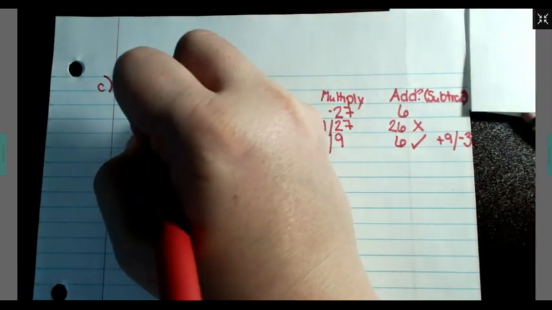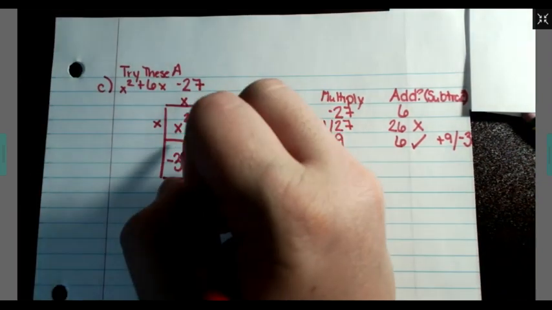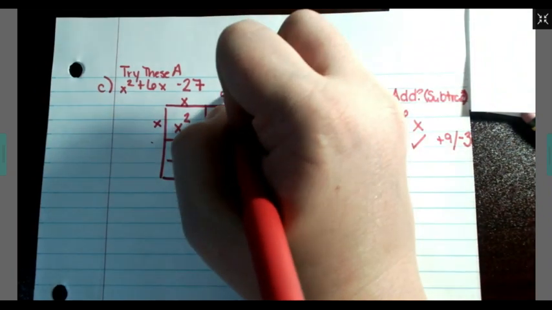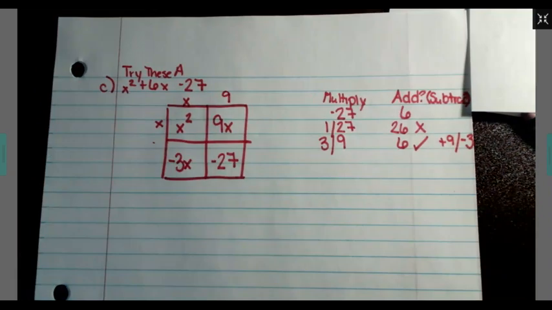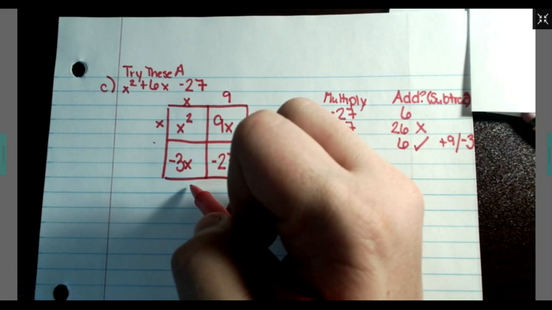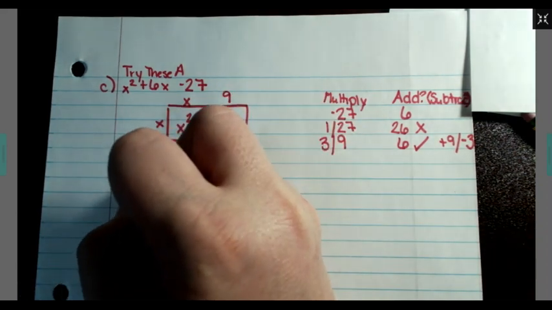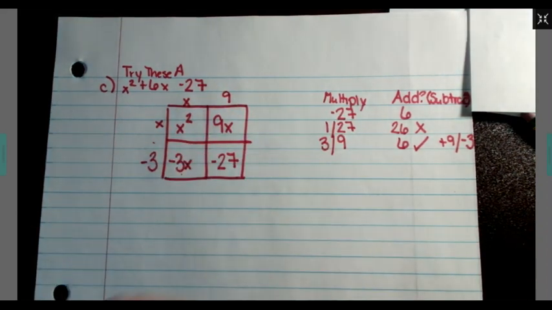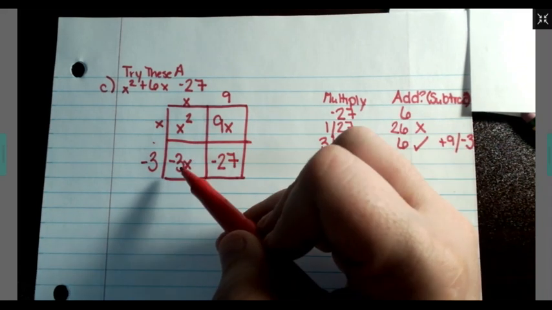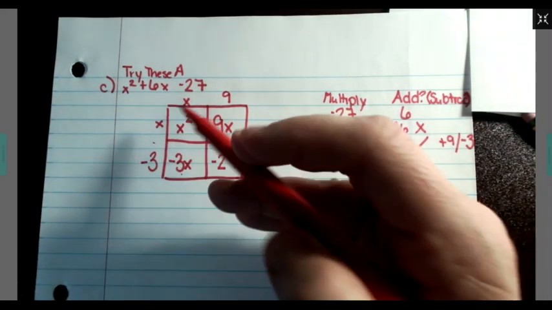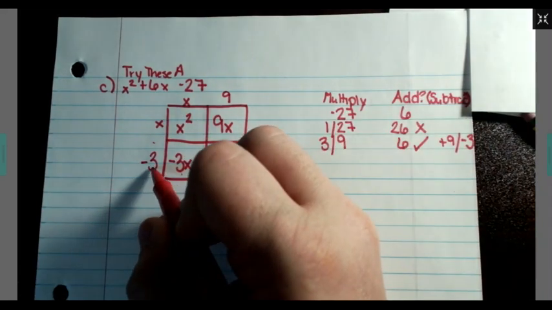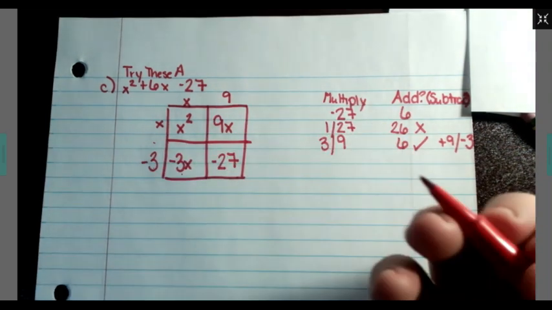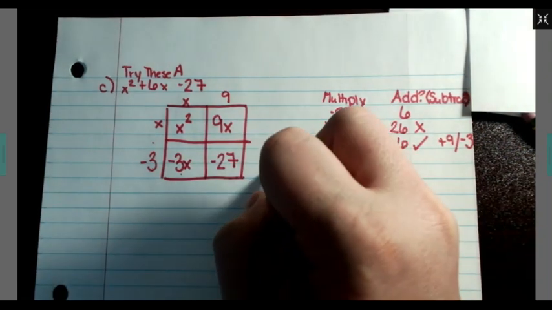X times x gives me x squared. X times 9 gives me 9x. X times negative 3 gives me negative 3x. And if I do subtract these, 9x minus 3x will indeed give me 6x. And just to double check, negative 3 times 9 does indeed give me negative 27.